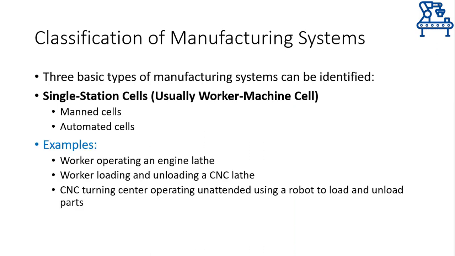Examples of such workstations can include a worker operating an engine lathe, a worker loading or unloading work units on a CNC lathe, which is capable of performing required operations automatically, and a CNC machining center operating unattended by a human worker using a robotic manipulator to load and unload parts into it.